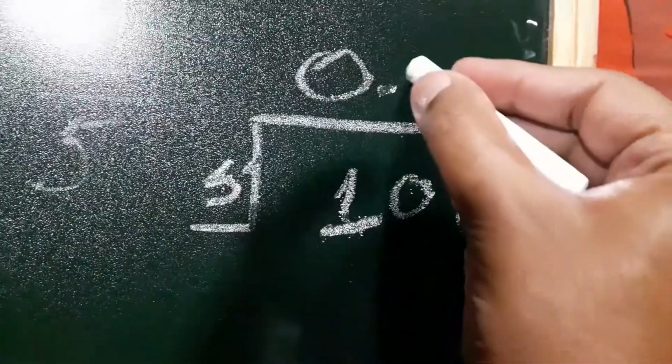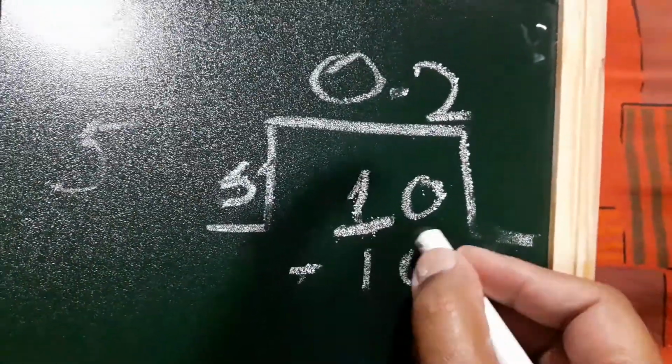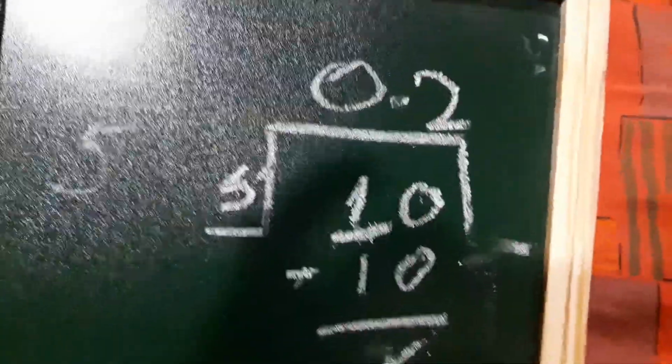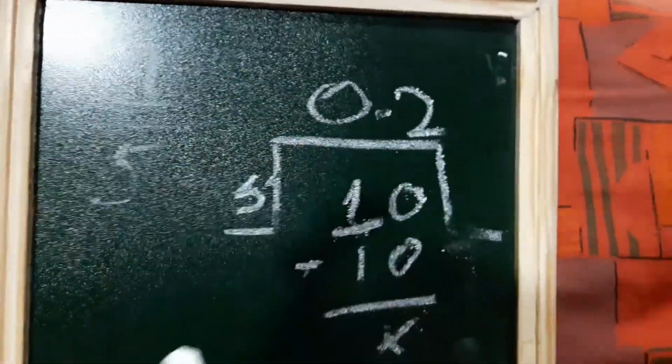So 5 2s are 10, so 2 comes here, minus 10, and you get the answer. So 0.2 can be obtained by 1 by 5 or 2 by 10. This is what I was telling you. I am sorry for the shaking video, but this is what happened over here.